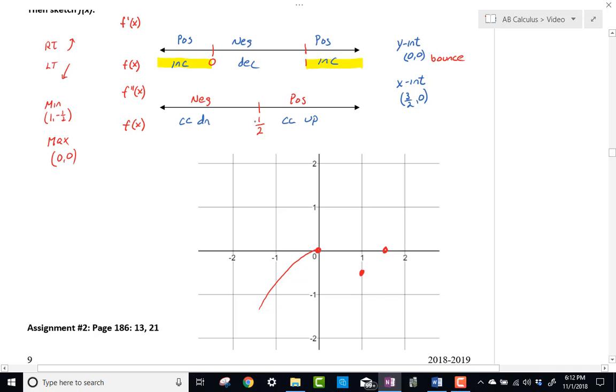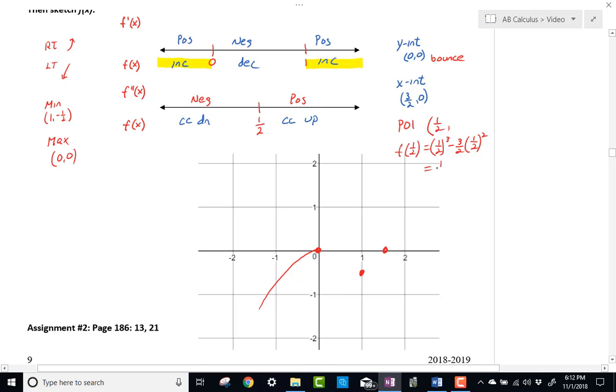All right, so I actually need to plug in 1/2 to find my point of inflection. So if we plug in 1/2 to f of x, all right, so again, going back to f of x, this would be f of 1/2, and f of 1/2 is going to be 1/2 to the third power minus 3/2 times 1/2 to the second power.